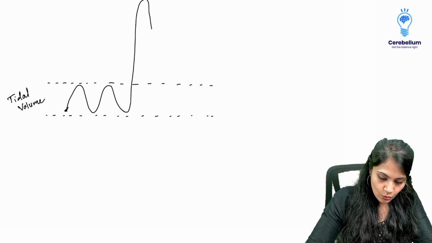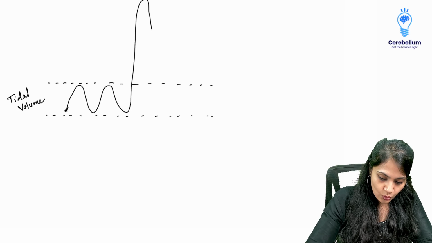Usually it is 2 to 3 liters. What is IRV? I'm not including the tidal volume into it. It is the one single value, the extra value, which the person has inspired during the forceful inspiration. So that is known as IRV.